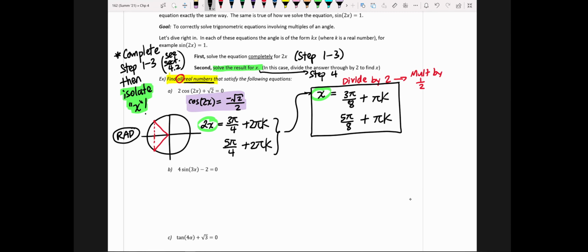So we would read the equation as 2 times cosine of input, close parentheses, plus square root of 2 equals 0. Solve for input first using the core 3 steps, and then the added step 4 is isolate x. If we try to isolate x prematurely, what happens is we'll end up missing solutions. So you need to solve for the input first, and then make sure isolating x is your very last step.